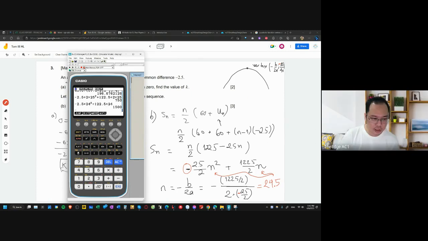Again, minus 2.5 times 24 squared, and then plus 122.5 divided by 2 and multiplied with 24. Wait, different. Divide 2 times 24. Wait, so much different, huh? But replacing the value n to be 25 here, we get the same answer as the mark scheme.